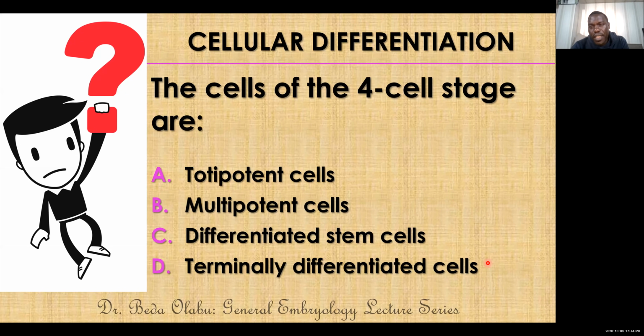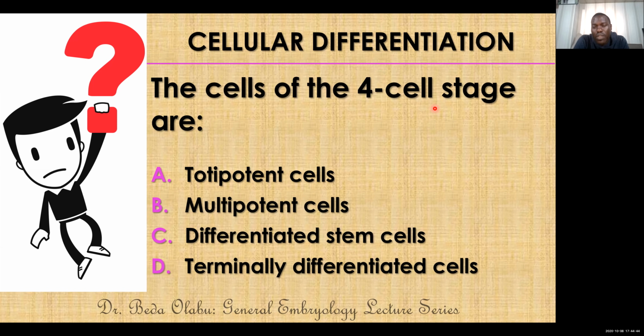Now, with that understanding, the 4-cell stage cells are actually totipotent cells. Because from these 4 cells, you're going to get the brain, you're going to get bone, you're going to get hair, you're going to get even the placenta.